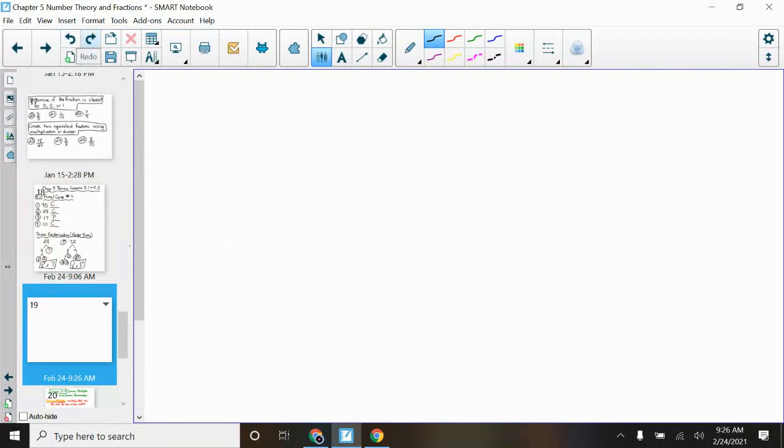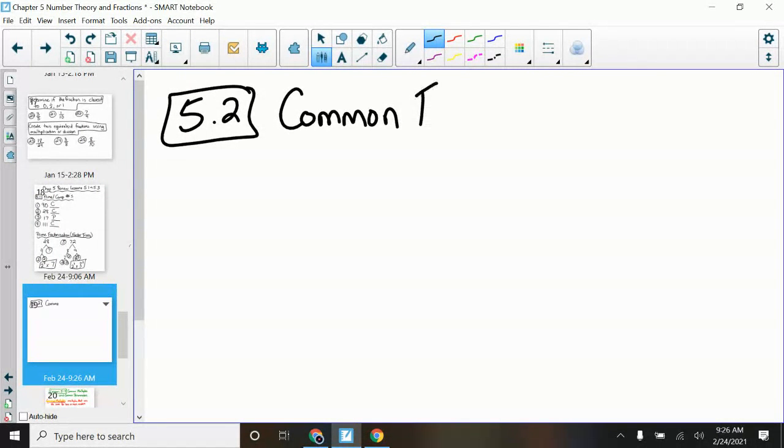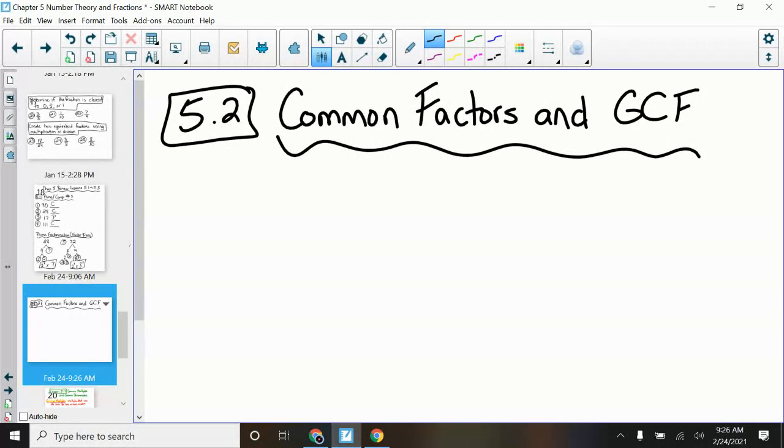All right, so lesson 5.2, this was on common factors and GCF. What's GCF, everybody? Greatest common factor. Good, beautiful, okay? So remember, I cannot find common factors if I'm not comparing 2 things, right?